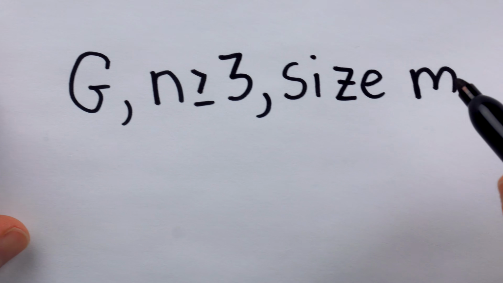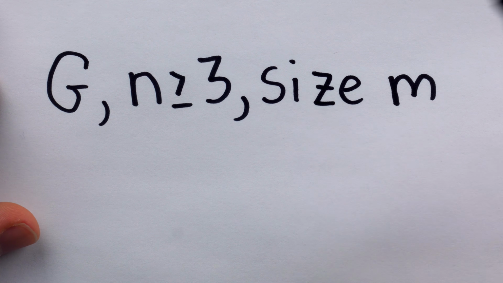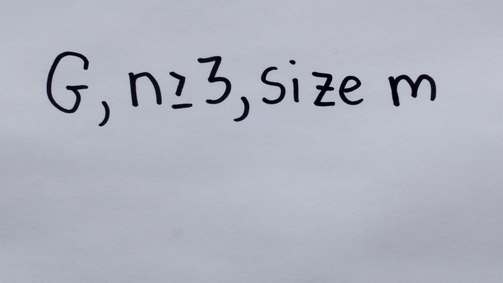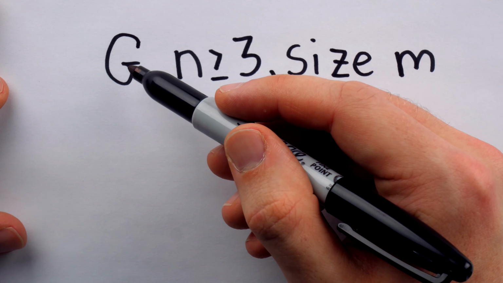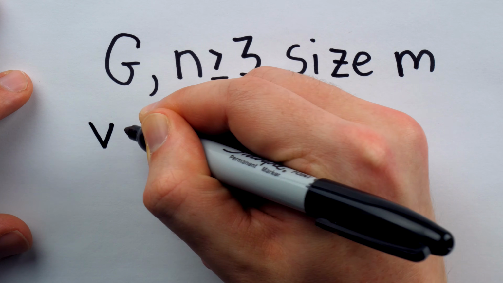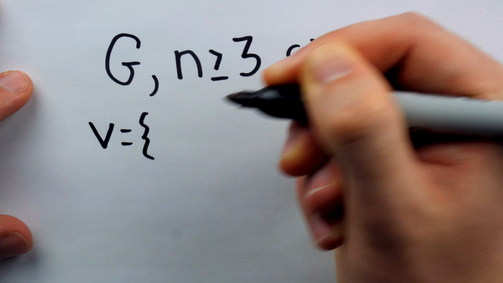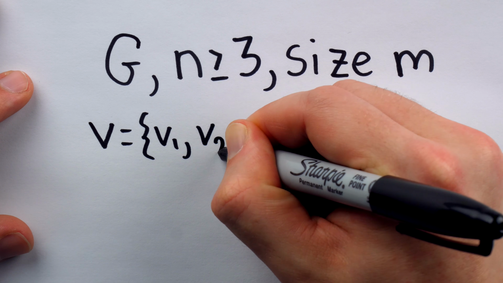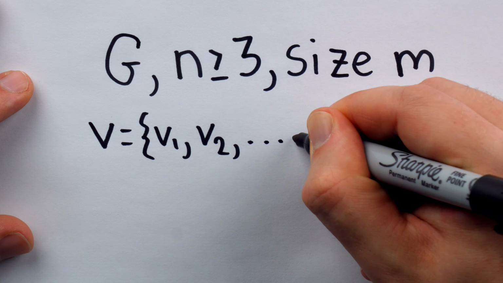And we're going to try to figure out M from the deck of G, that is, those cards consisting of its vertex-deleted subgraphs. Remember, G is a graph, so it's made up of vertices and edges. We'll call the set of its vertices V, and since it has n vertices, we'll name them V1, V2, all the way up through Vn.